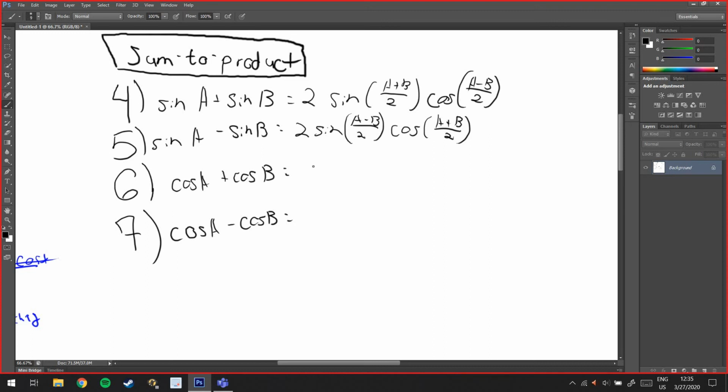For cosine of A plus cosine of B, it's 2 cosine A plus B over 2 times cosine A minus B over 2. It wouldn't be sine? Nope, not for cosine of A plus cosine of B.